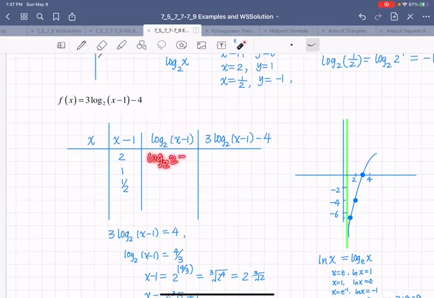Log base 2 of 2 is 1, right? Log base 2 of 2 is 1 because 2 is the base, and this is the exponent. 2 to the power 1 equals 2. That's why here is 1. Does this make sense to you?